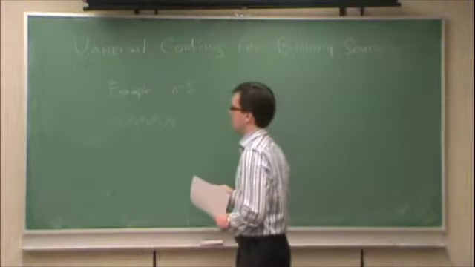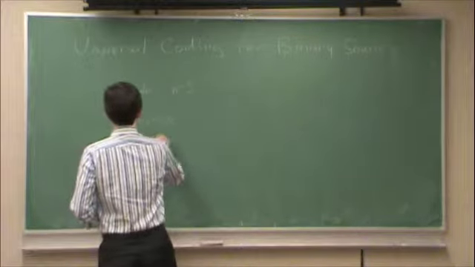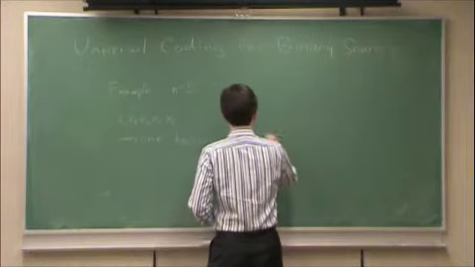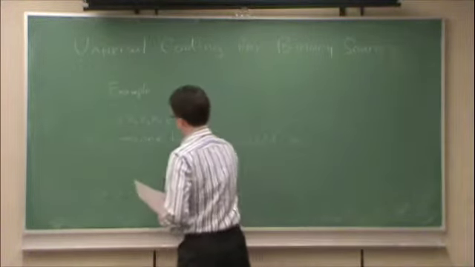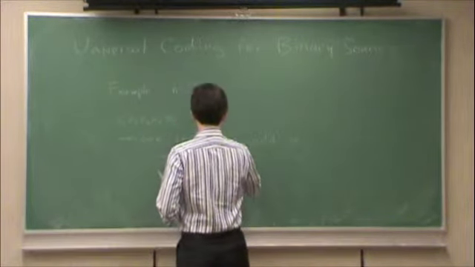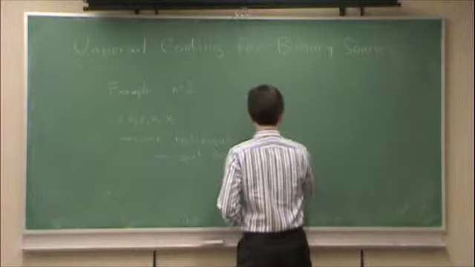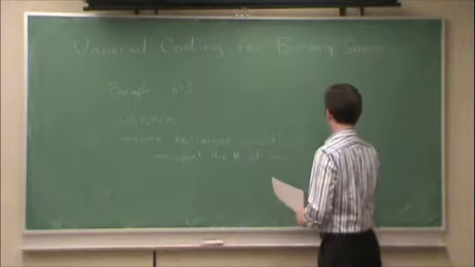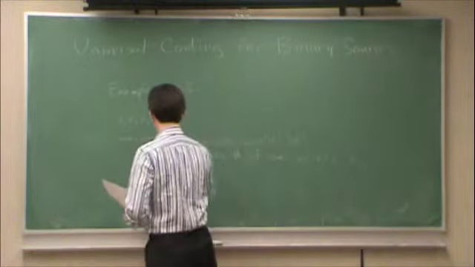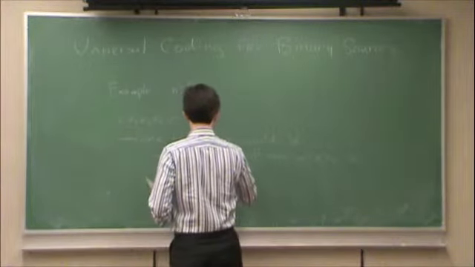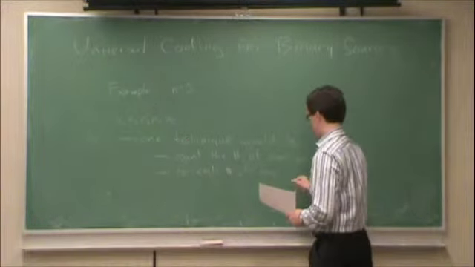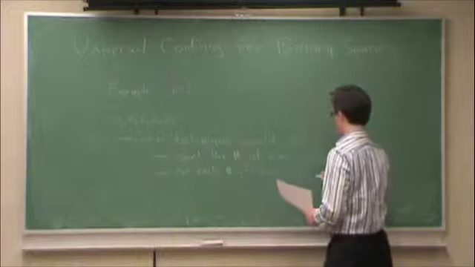So, one technique would be to count the number of ones in x1, x2, x3, x4, x5. And then for each number of ones, use a different source code.